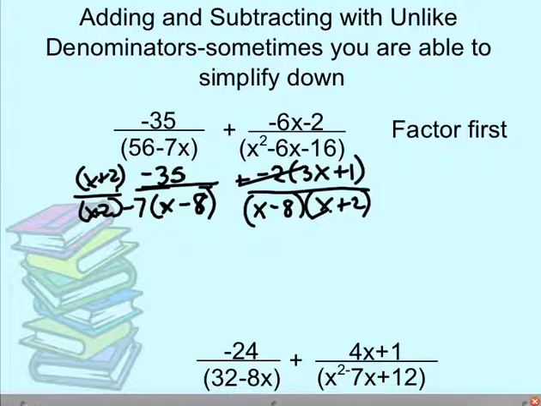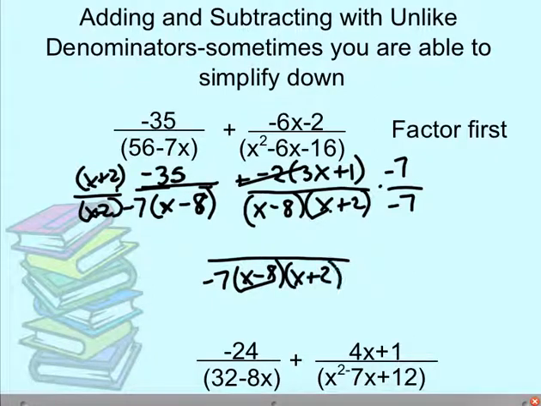And in the second one, I'm going to be missing a factor of negative 7, which means I now have this denominator of negative 7 times x minus 8 times x plus 2. And in the numerator, I get a negative 35x minus 70.